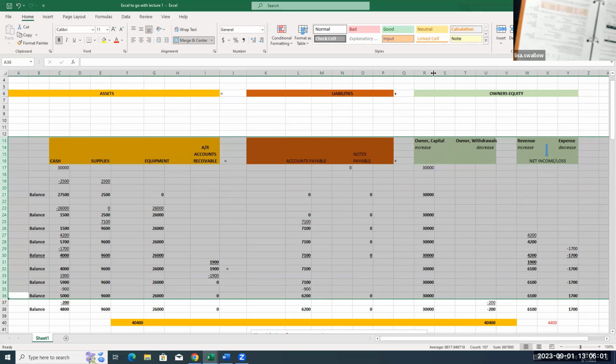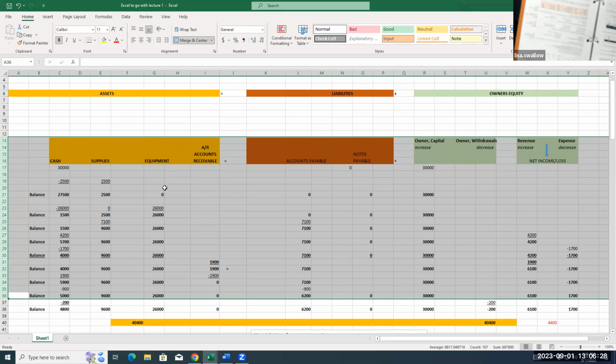So I put under here the names of some assets we're going to be using in this particular problem. Are these always the 5 assets? Cash, supplies, accounts receivable? No, it depends on the business. It's going to look different every time. If I've got a trucking company, it's not going to look at all like a bakery or a hydrology shop, right? Your assets are different. But you're generally always going to have some sort of cash.